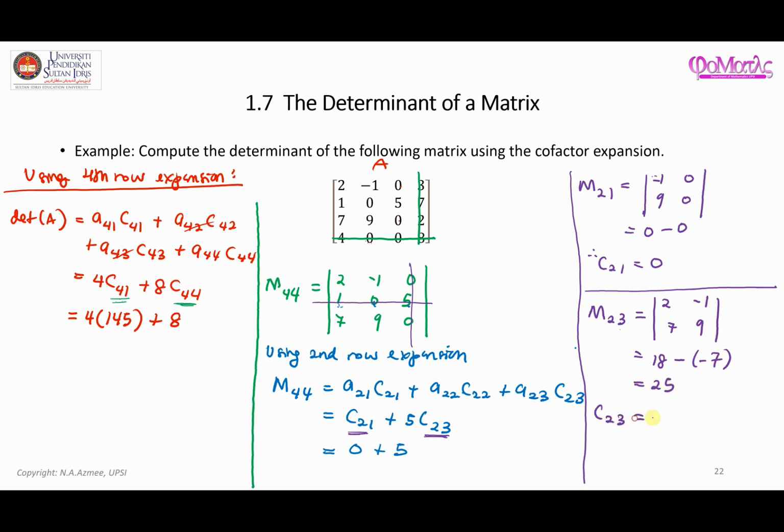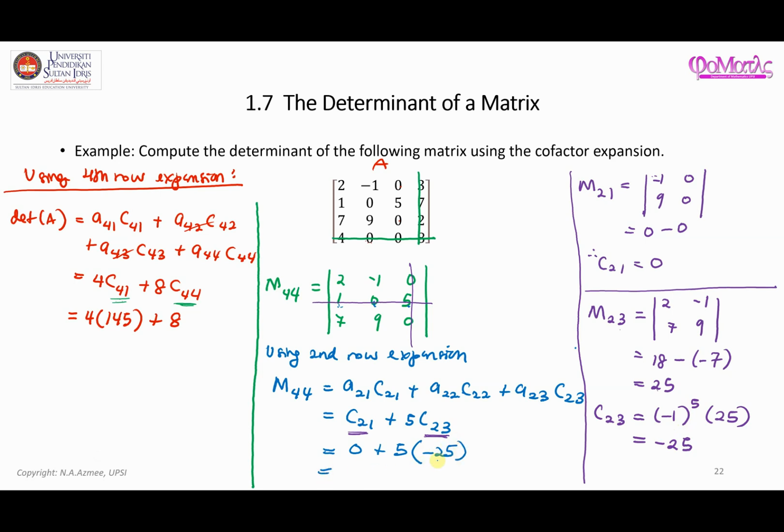Therefore C23 is -1 to the power 2 plus 3, which is 5, and the result here you just plug in next to it. This one here is going to be negative, so C23 is just -25. Okay, so go on and write the result at this position.